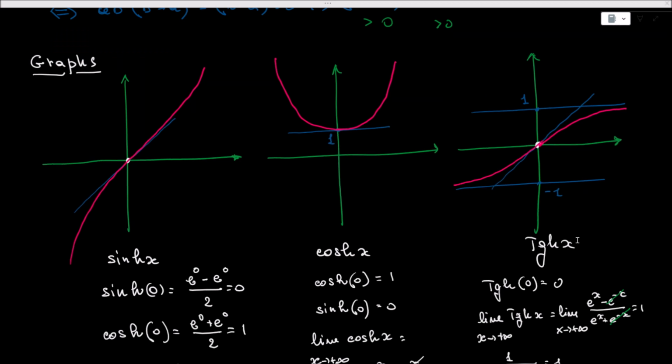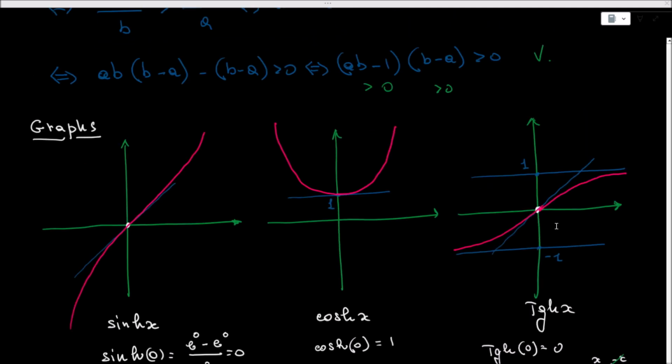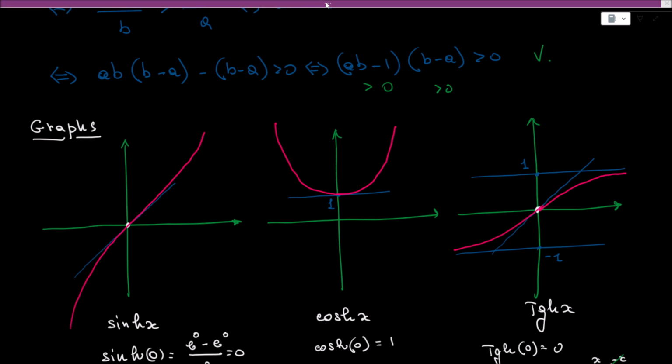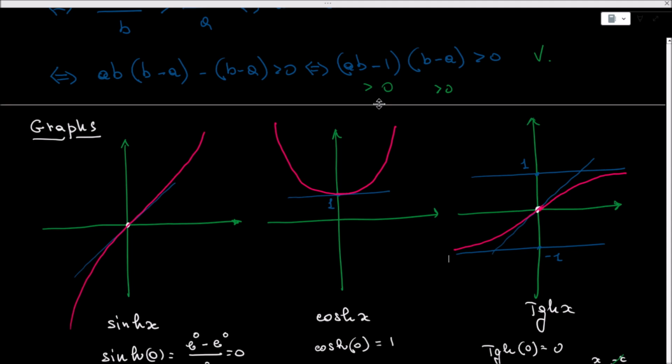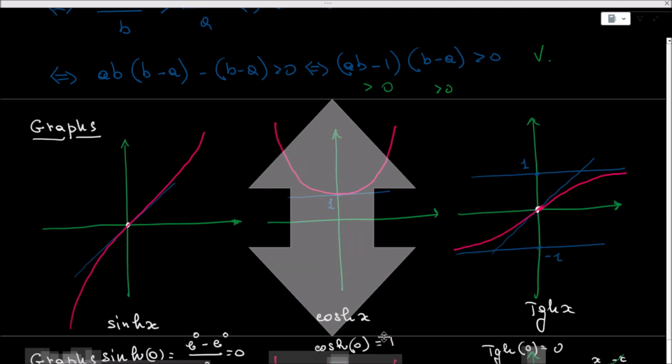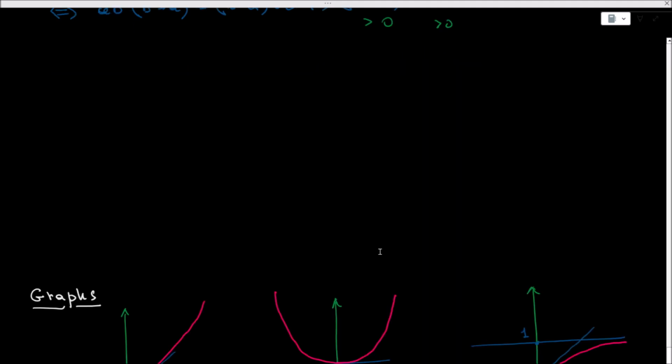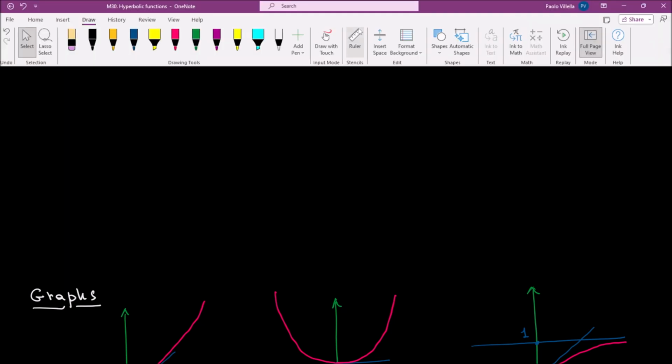Well, to be fair, we have used another thing to plot the graph of the hyperbolic tangent, namely the fact that this function is strictly increasing. Let me prove this fact here.